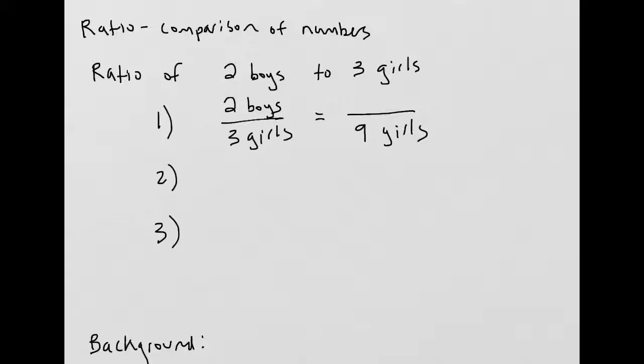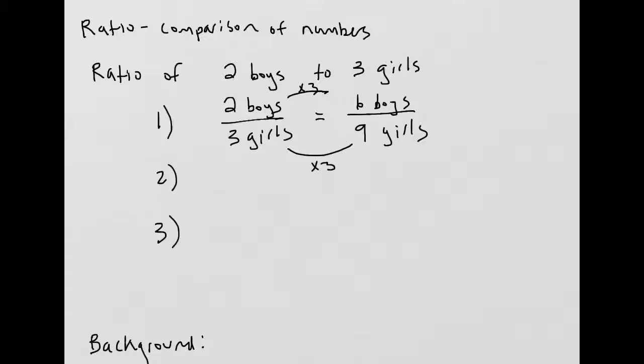So if I have 9 girls in my class, one way to figure out the number of boys is to figure out what I multiplied the bottom by to get to 9. Here it would have been 3. So that must mean that I had 6 boys in my class. Notice if I simplify the fraction 6 over 9, again, I'm down to 2 over 3.